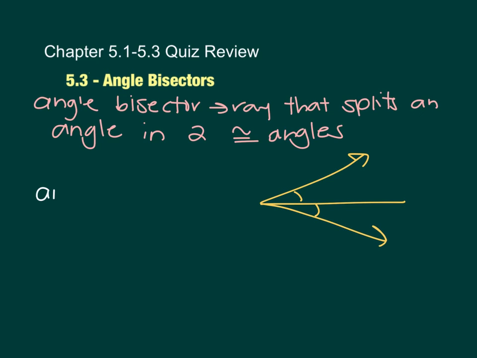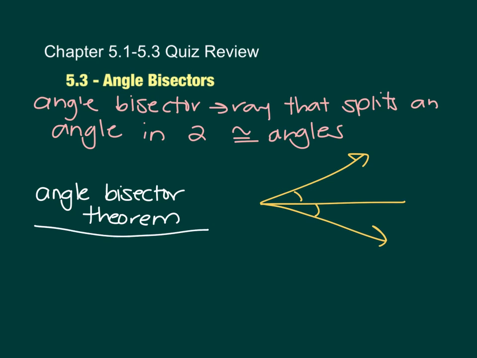We had an angle bisector theorem, which said a point on the angle bisector is equidistant from the sides.